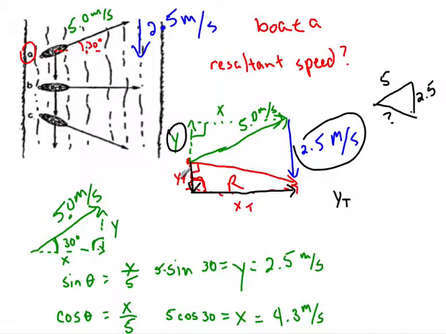If we find these two sides, we can use a squared plus b squared to get the hypotenuse r, because this y total and this x total make a 90. So if we know them, we're good to go.